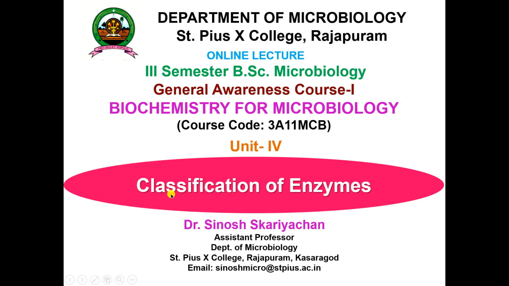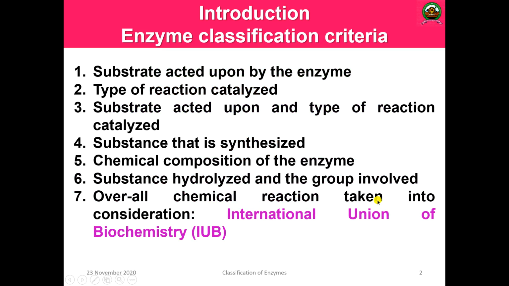The next important aspect we should know before the functional aspects of enzymes is the classification and naming of enzymes. Enzymes are one of the most important types of biological catalyst, which are completely different from chemical catalysts and which speed up biological reactions.